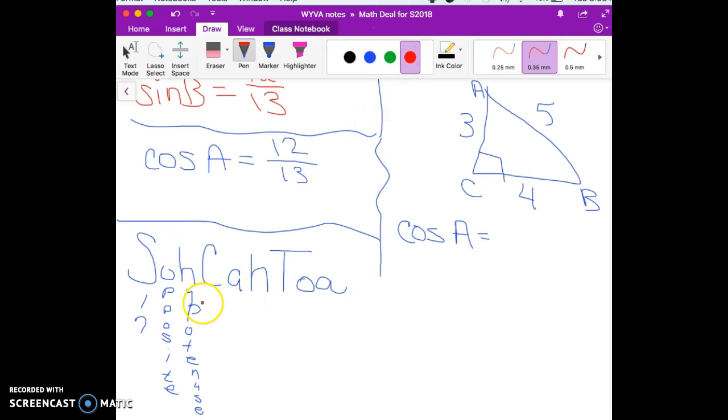Cosine, I'm going to grab a different color just so we can see this. Cosine is adjacent, right next to, over hypotenuse again.